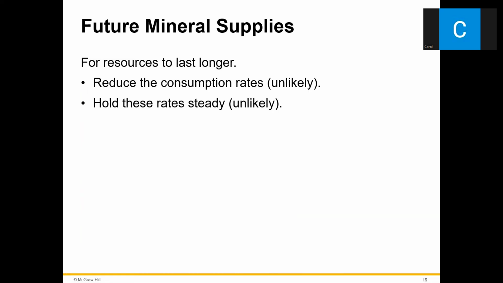A lot of our electronics are using a lot of rare earth elements and a lot of metals, and we keep coming up with more and more electronics. Just think of how your grandparents really didn't have very many electronics at all, much less your great grandparents. And that doesn't seem like it's going to stop.